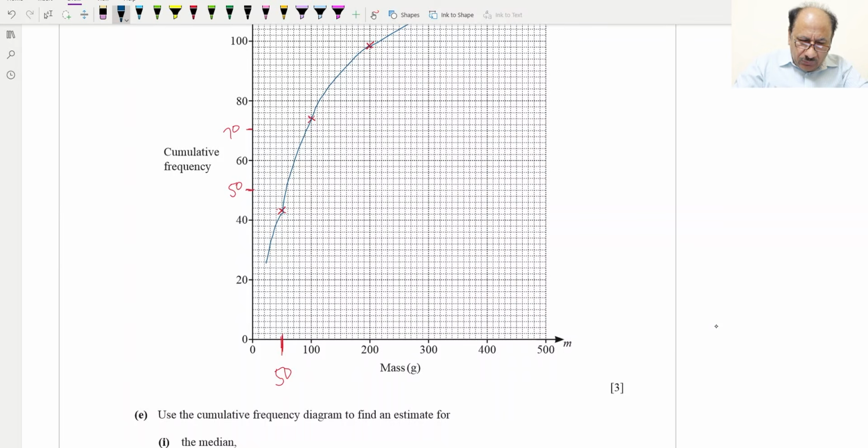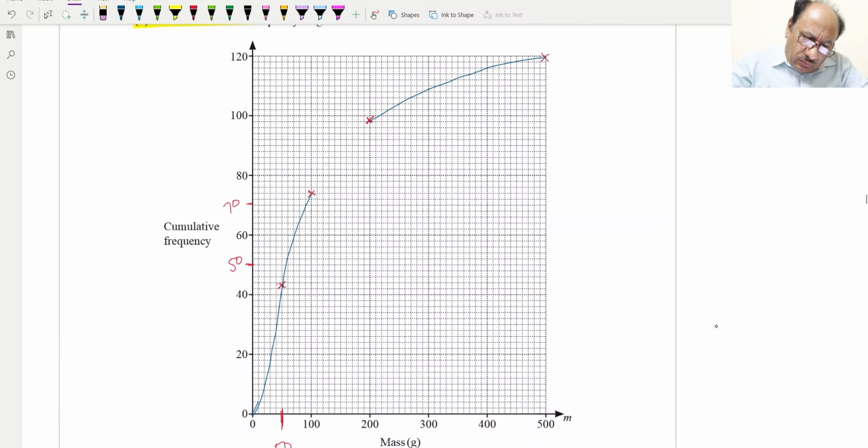We are trying to draw it as smooth as possible, so we can curve it like this, and this is almost the smoother curve which we have done.